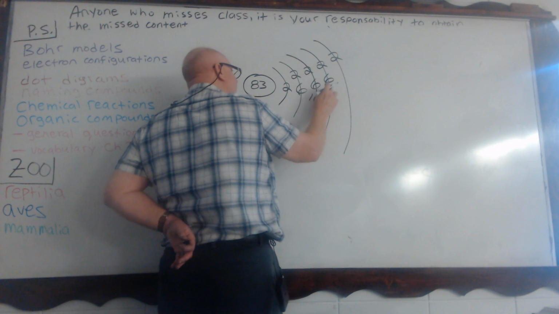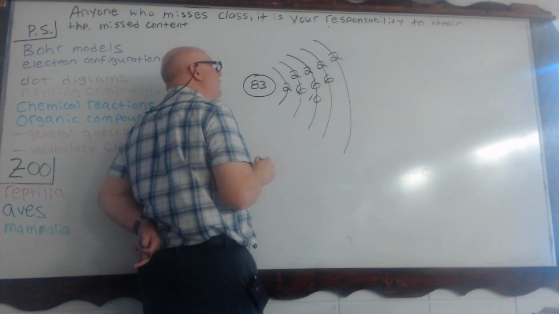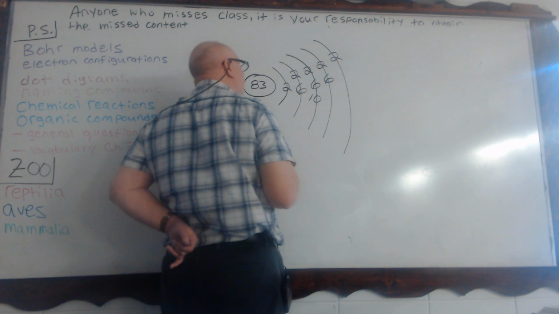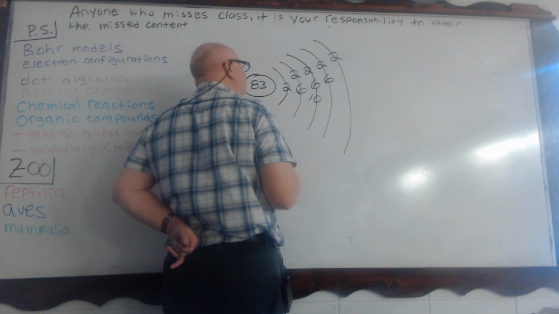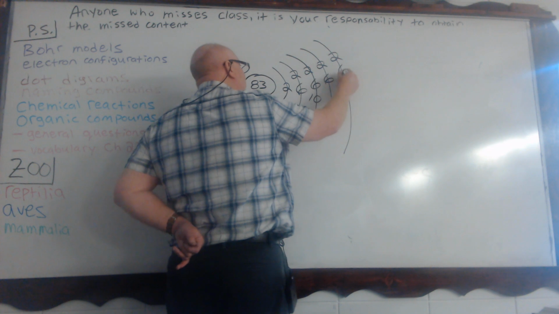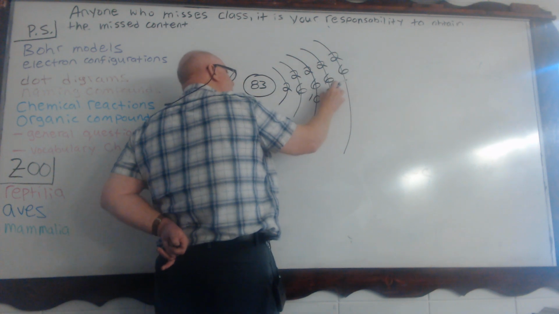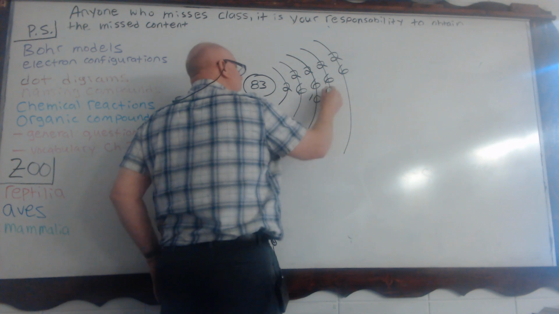We're going to put a number here. We left off with 5p6. Oh, I was off when I'm trying to visualize it in my head. Now we're going to go down to here. 4d10. There we go.